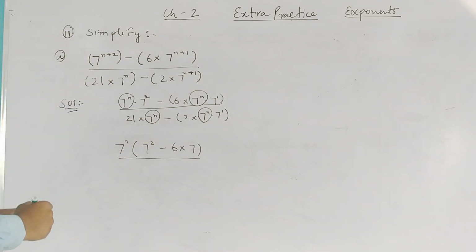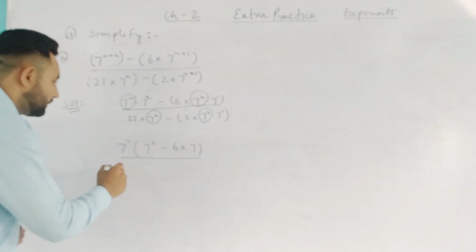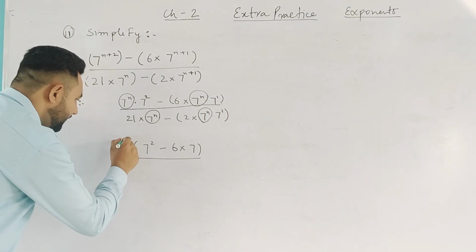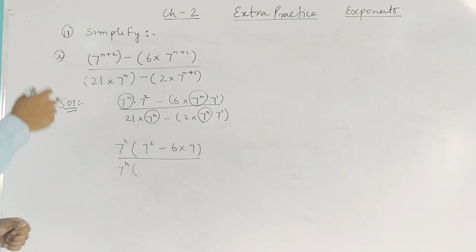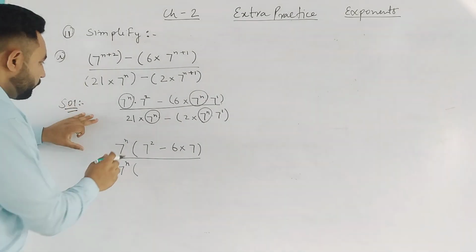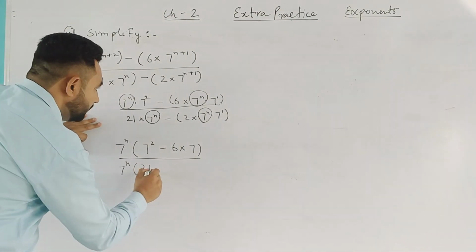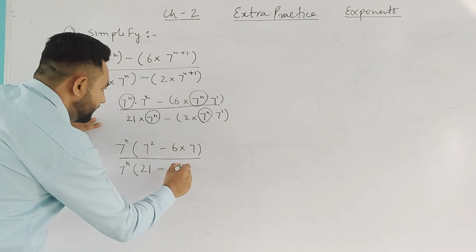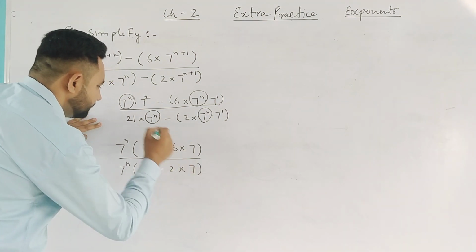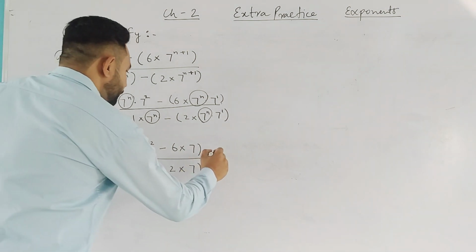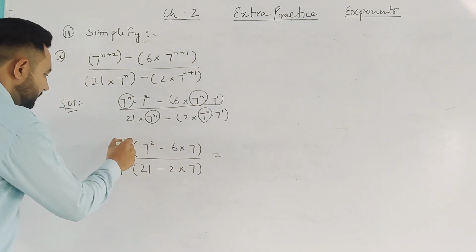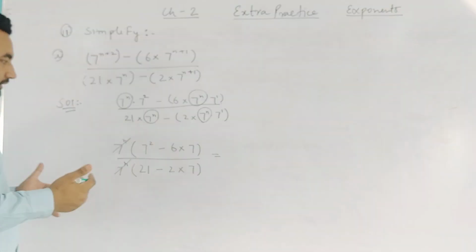Now, here also you are having 7 to the power n that can be taken as common. So what is left? 21 minus 2 multiplied by 7. So 7 to the power n and 7 to the power n get cancelled.